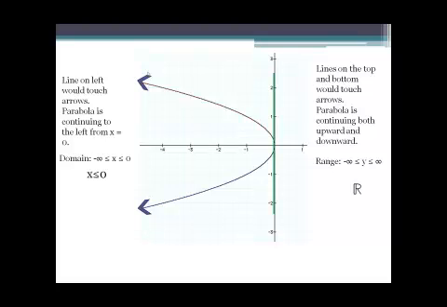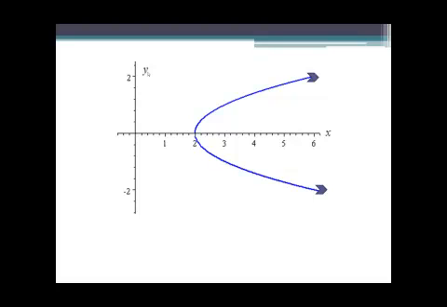Okay, let's look at one more parabola. This one is opening to the right. You go ahead and see if you can do this one completely on your own and then check your answers. Remember not to draw lines wherever they would touch arrows. All right, let's see how you did.